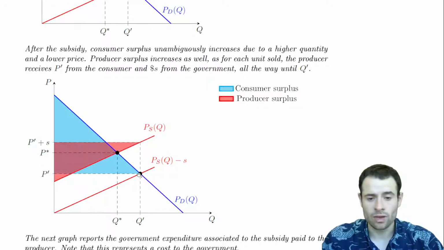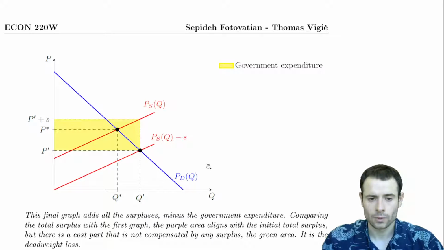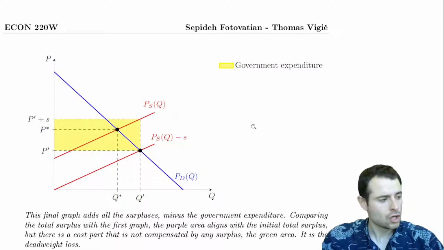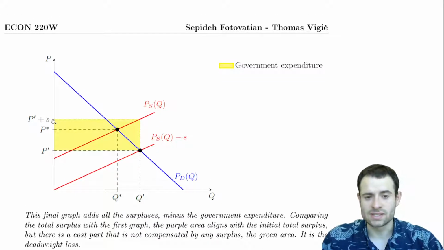So we will end up with this rectangle. So the government expenditure is going to be this yellow rectangle.